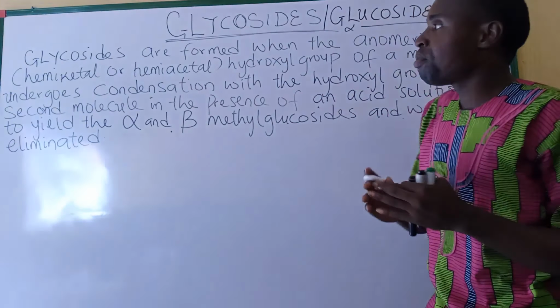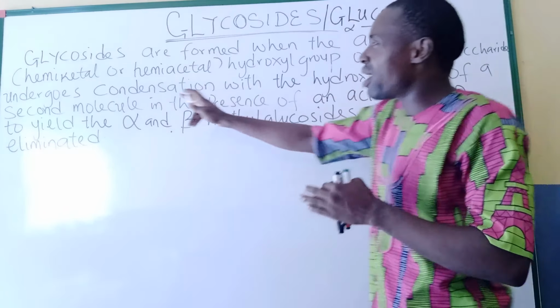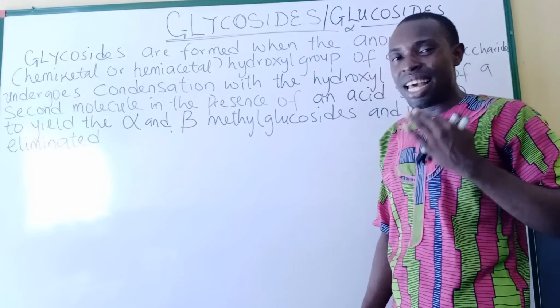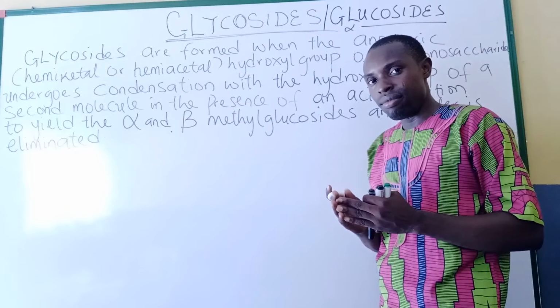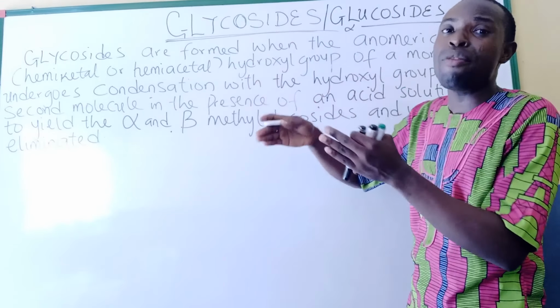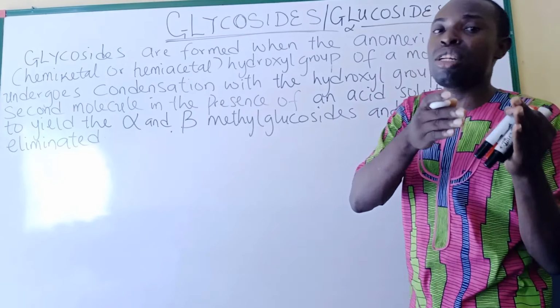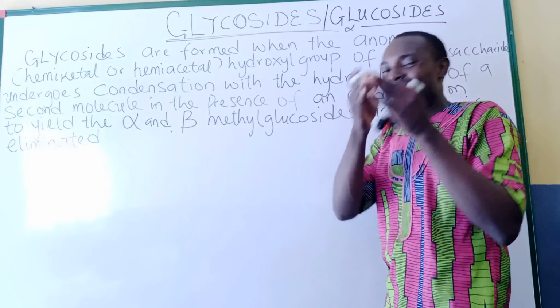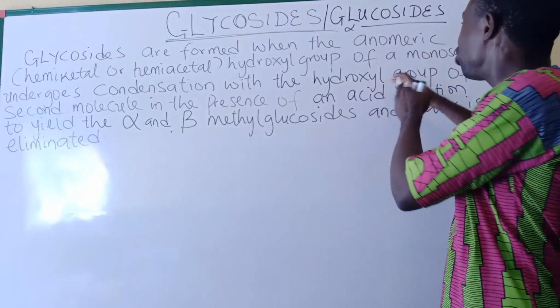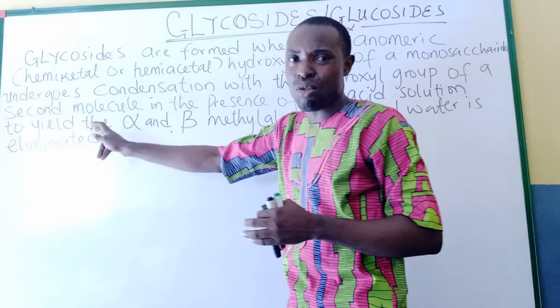Now, we have said that when that happens, it undergoes a condensation reaction in which water is eliminated, and that this particular anomeric hydroxyl group of the monosaccharide is reacted with the hydroxyl group of a second molecule.